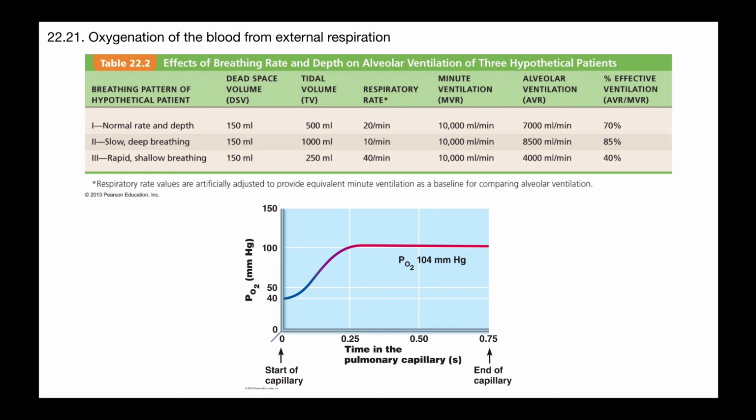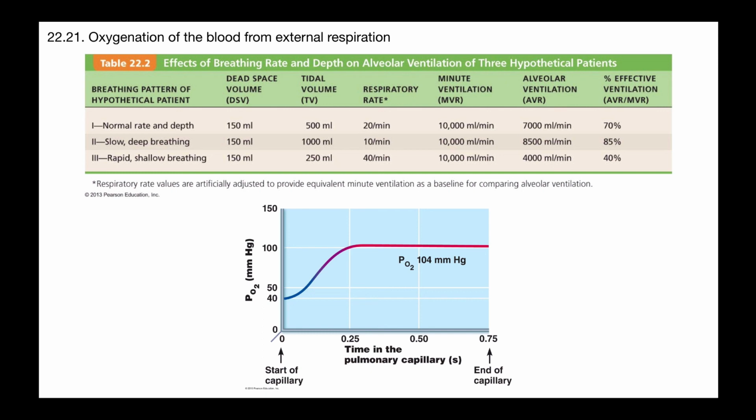As your tidal volume, or the amount of air inspired, goes up, that's going to dilute out the mixing of the air that happens when it gets to the alveoli.